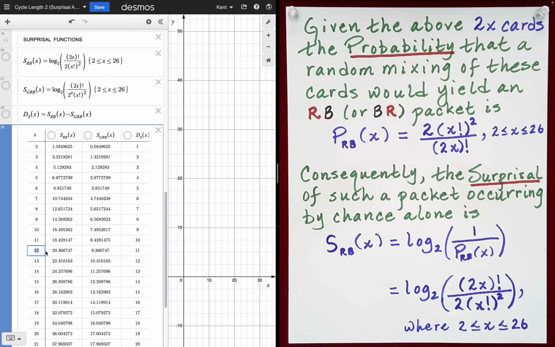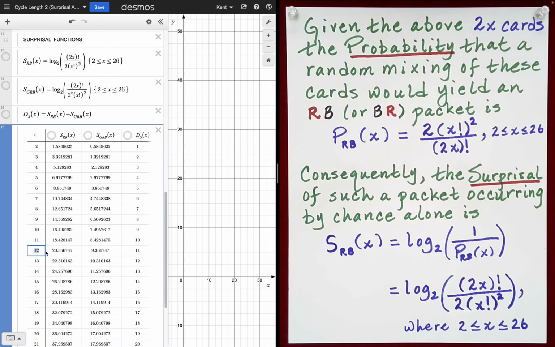Now, in some ways, we shouldn't be all that surprised that randomly mixing an equal portion of red and black cards, coming out to be a perfect alternation in colors, is highly unlikely, leading to a very high surprisal value. That, in and of itself, would really not surprise anyone.